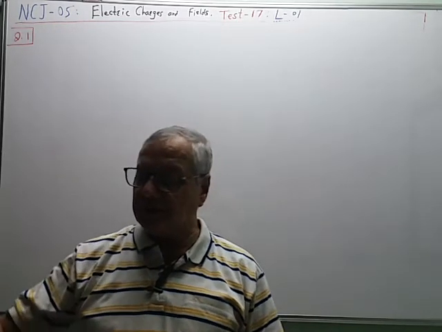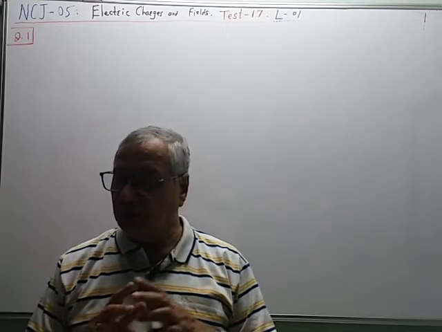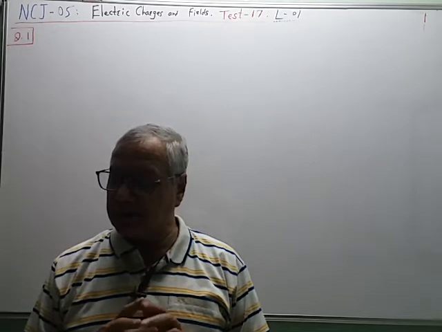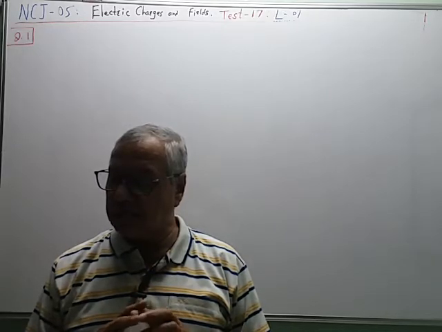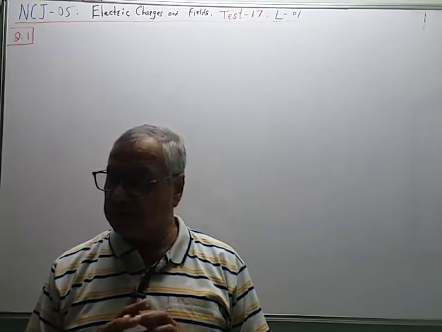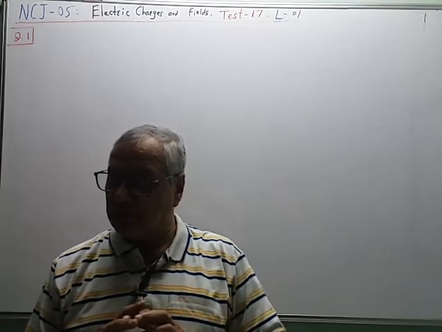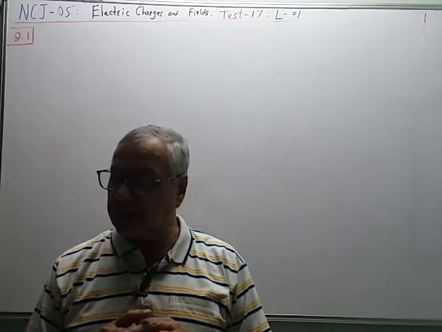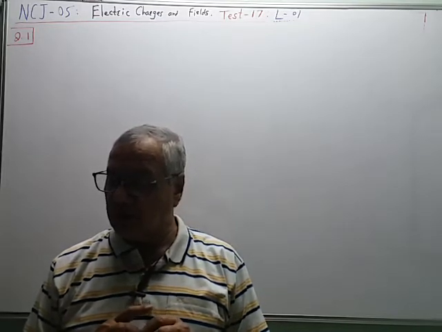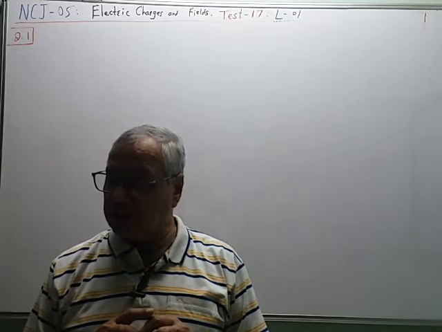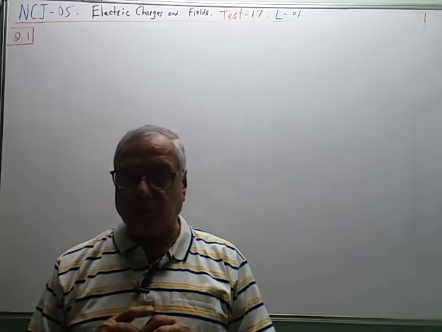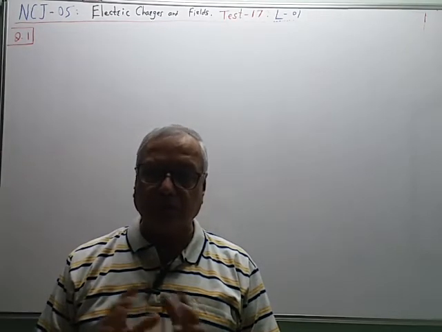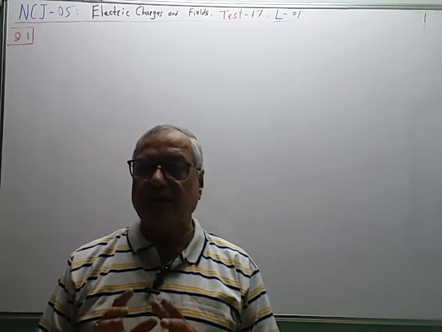So I will read the first question. The two conducting spheres of radii 3 cm and 1 cm are separated by a distance of 10 cm in free space. If the spheres are charged to the same potential of 10 volt each, the force of repulsion between them is... Both have the same potential, positive, so both have the same positive charges, and therefore they will definitely repel each other.